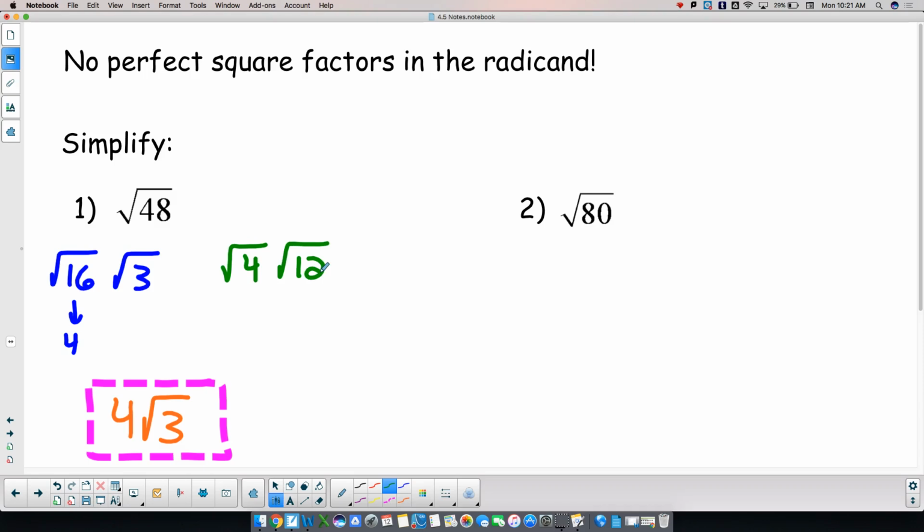What times what? 4 times 3. So this becomes the square root of 4 times the square root of 4 times the square root of 3. Each square root of 4 becomes 2, and that's times the square root of 3. Well, 2 times 2 is 4, times the square root of 3 is 4 times the square root of 3.